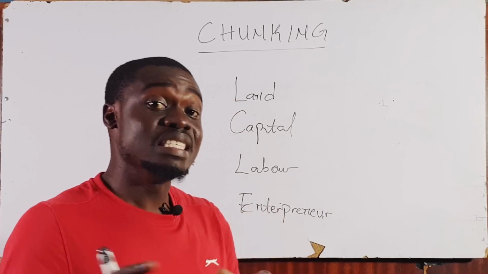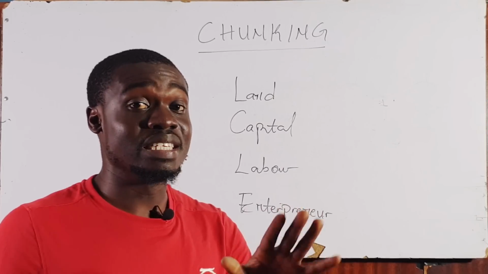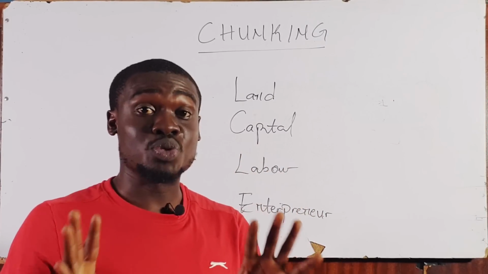Now, when I was learning this in secondary school, I used this particular technique and it helped me. This chunking helped me. There are 2 ways you can apply this.